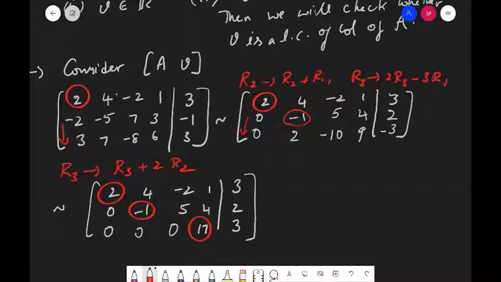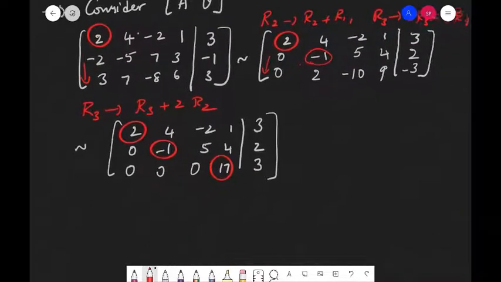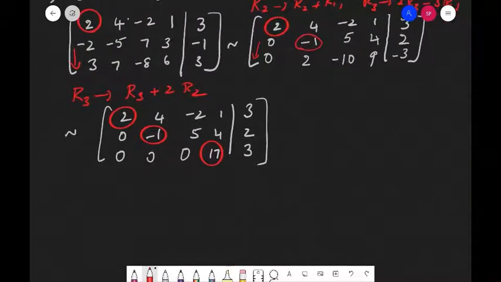Now how do you decide whether this is a linear combination or not? Now we have to just look here. What are the pivot columns? C1, C2, C3, C4. Among these, the pivot columns are C1, C2 and C4.